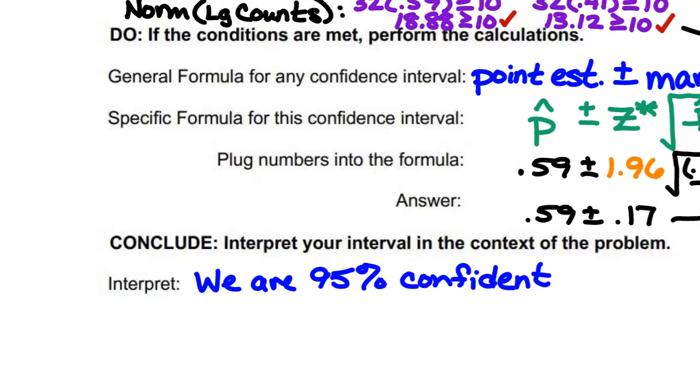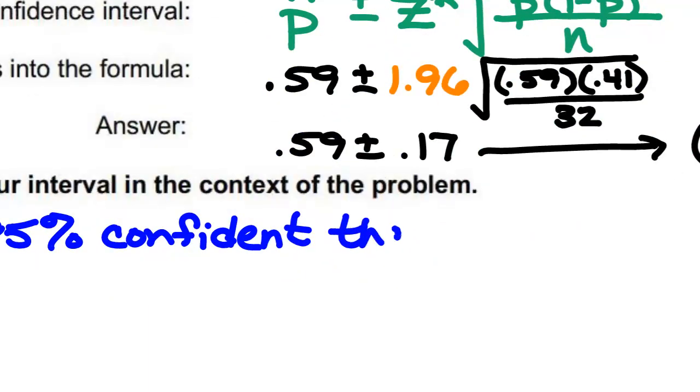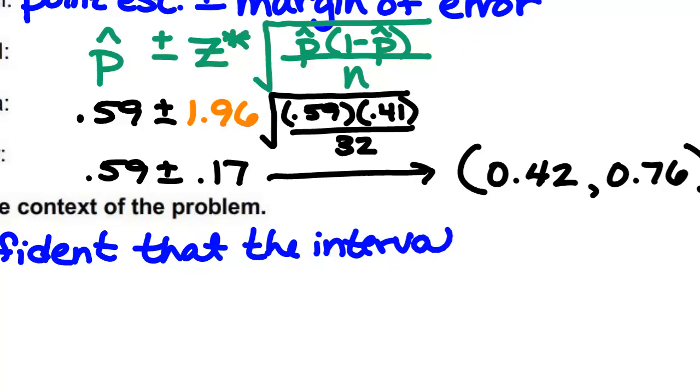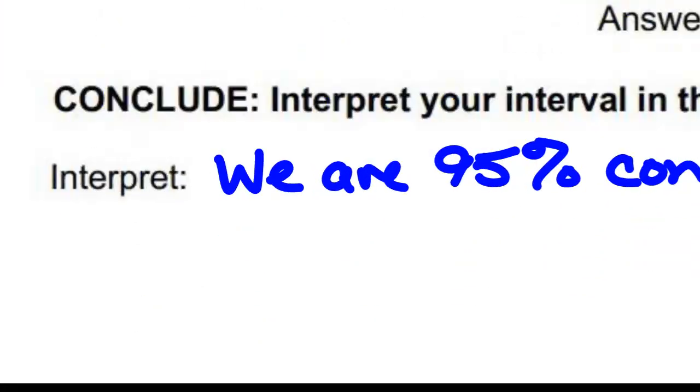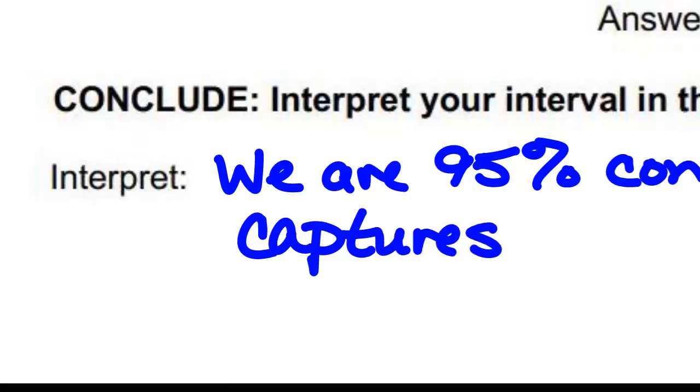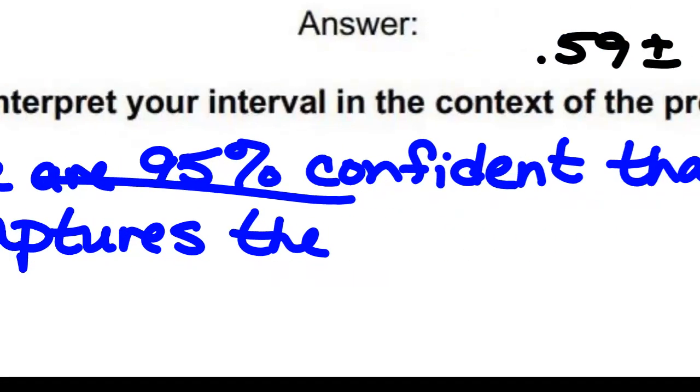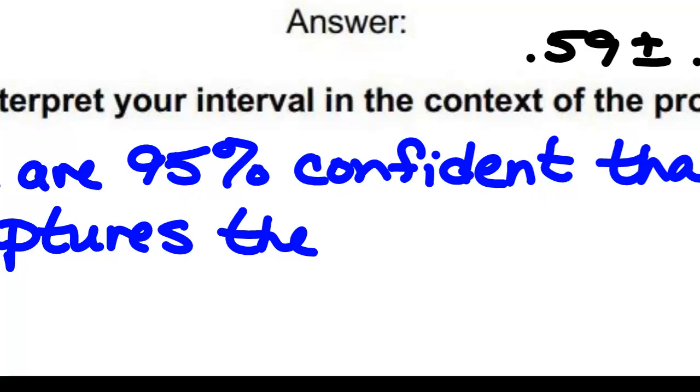Absolutely. We are 95% confident that the interval from 0.42 to 0.76 captures the true proportion. We're basically just going to restate what we said P was here.